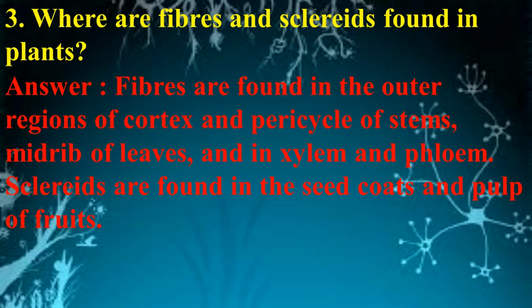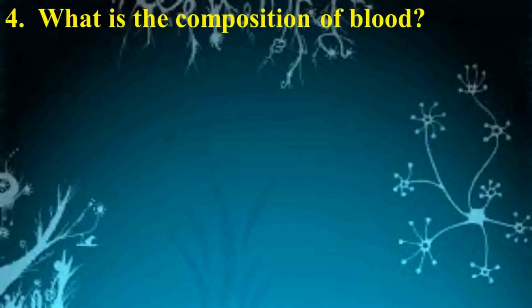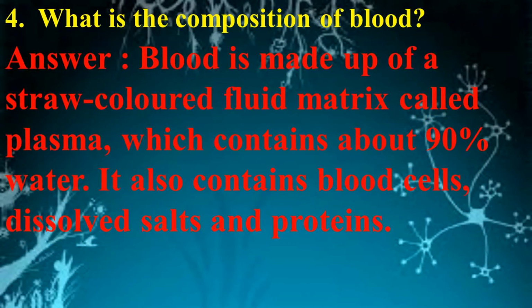Sclereids are found in the seed coats and pulp of fruits. Next question. What is the composition of blood? The answer is: blood is made up of a straw-colored fluid matrix called plasma, which contains about 90% water. It also contains blood cells, dissolved salts, and proteins.